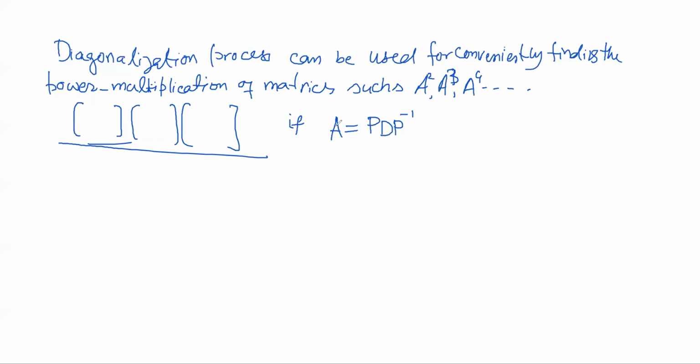if we can find A equal to P D P inverse, then we can find A square as follows. A square will be A multiplied by A, which is P D P inverse times P D P inverse. Now we can write P D as one entity, and P inverse P is another entity.